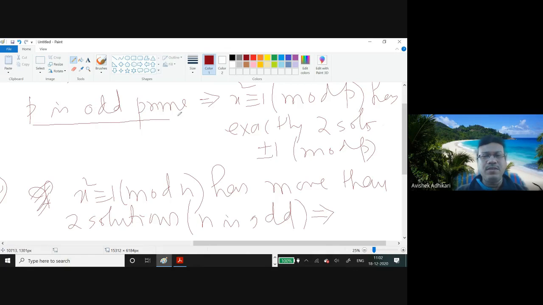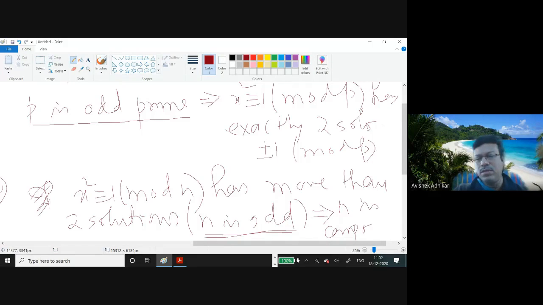So the negation will be P is not an odd prime. Not an odd prime includes two. It could be two, but since we have taken n to be an odd number, the value 2 is already discarded. That means here the conclusion will be n is composite.